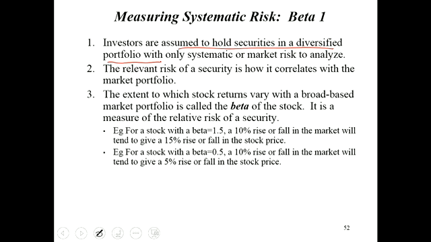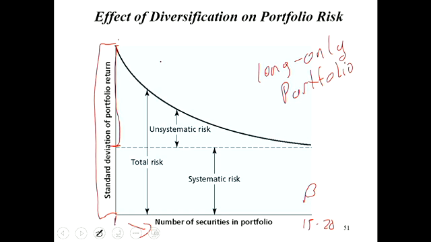So when you think about that and ask which risk you should be compensated for: if you can get rid of this stuff simply by holding enough stocks, then there's no reason for you to have compensation for that type of risk. But you can't get rid of the systematic risk in a long-only portfolio, so that's the one you'll get some compensation for.